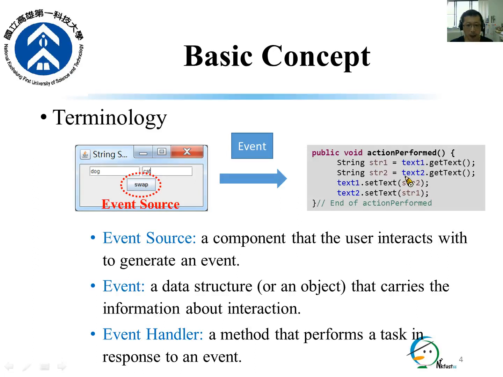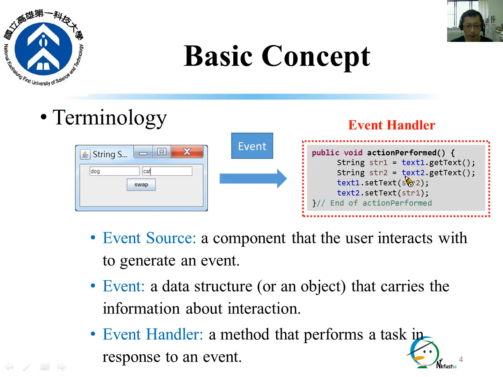Event is a data structure or an object that carries the information about interaction. As for event handler, it is a method that performs a task in response to an event. Next, we will detail these three components for event handling.